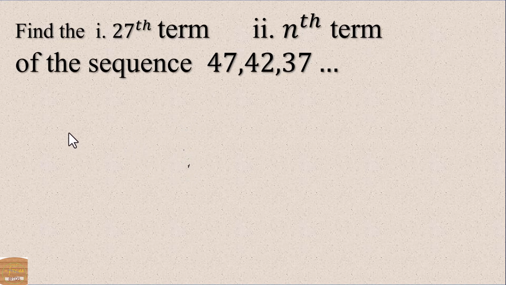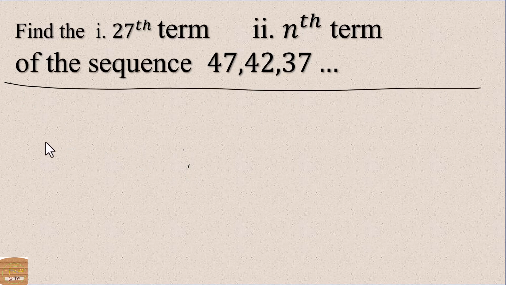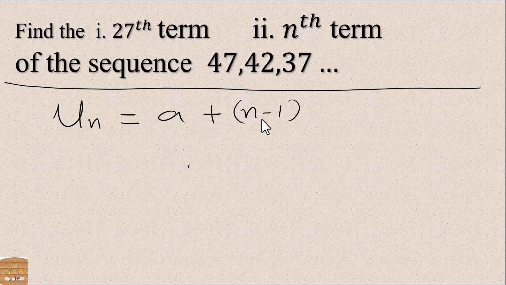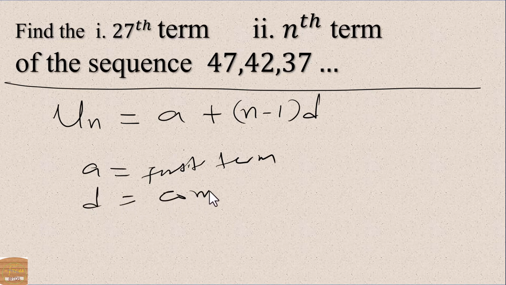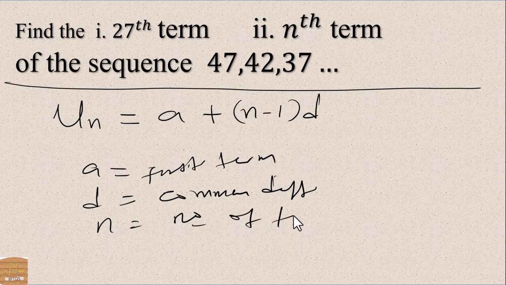We have Un, that is the nth term, a plus n minus 1 d. a is the first term, d is the common difference, and n is the number of terms. So in case you are asked to find the number of terms in a sequence, it means you have to solve for n.